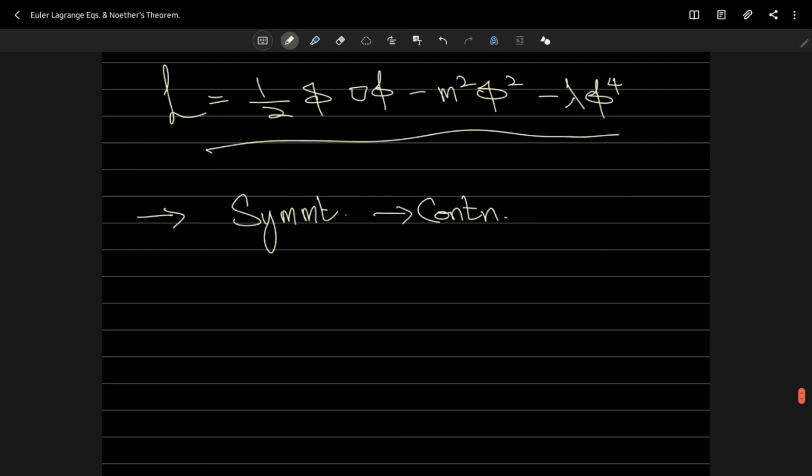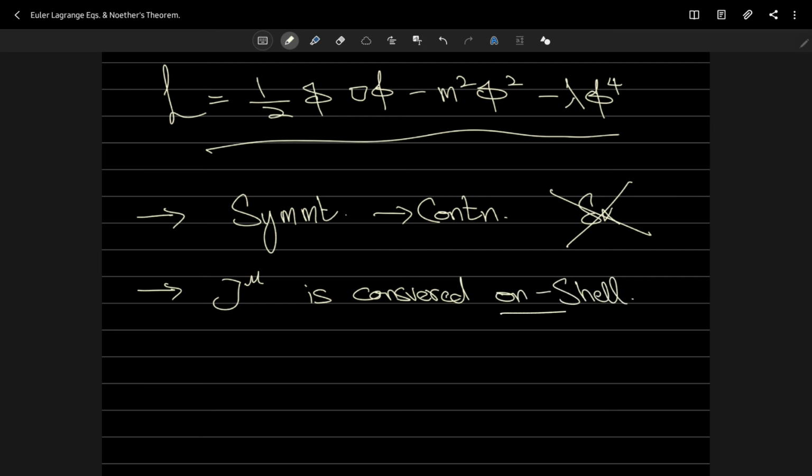If it's not, then your delta alpha is pointless. The second point is that the current that we have, J mu, is conserved on shell.